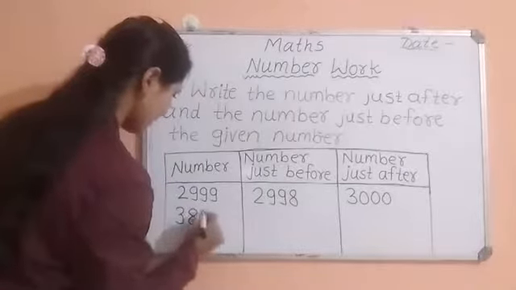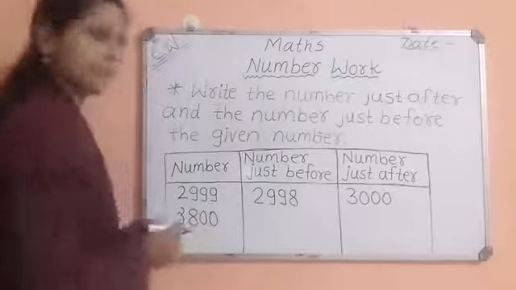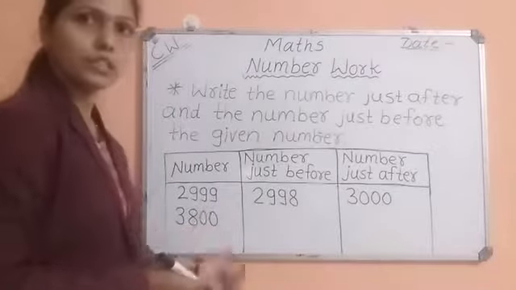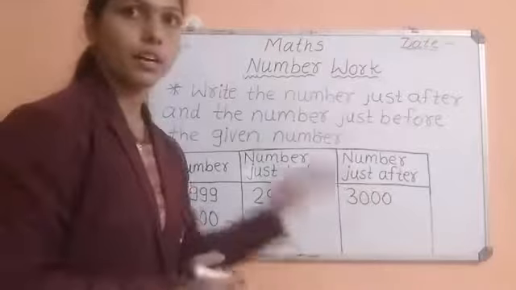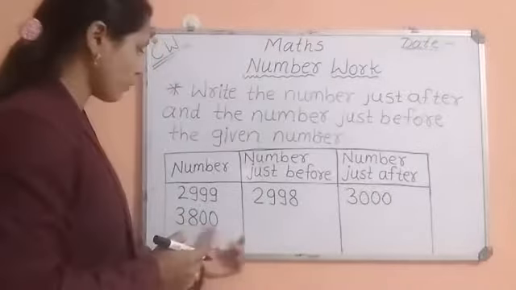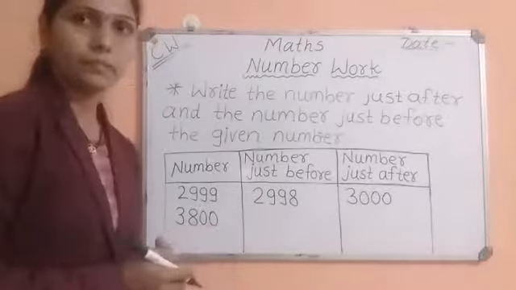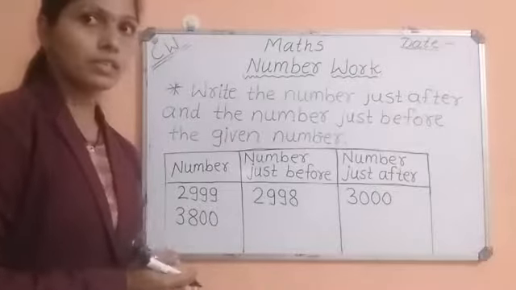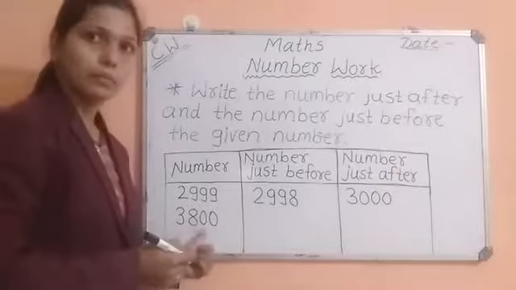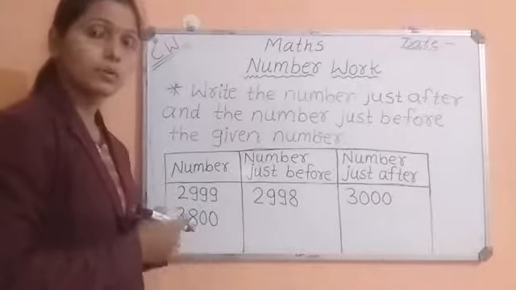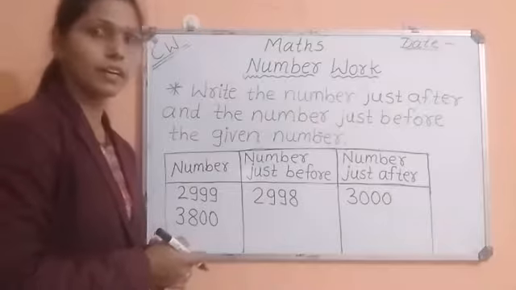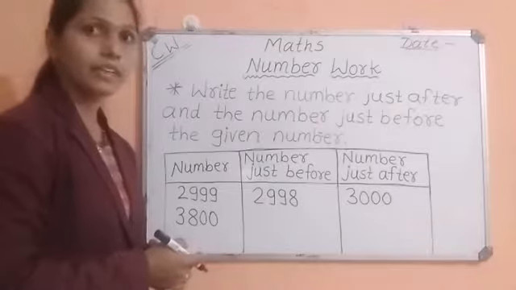Okay, the next number is 3800. Now we have to write the number just before and number just after. You already studied 3-digit numbers. Now tell me, which is the number just before 800? Correct, 799.